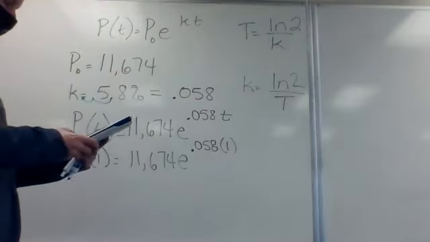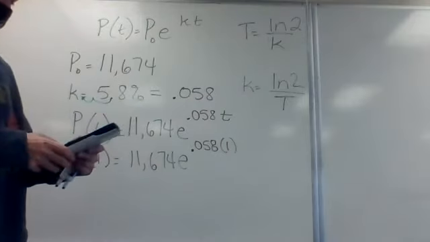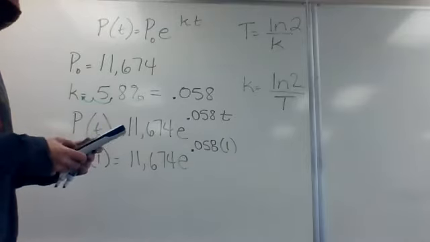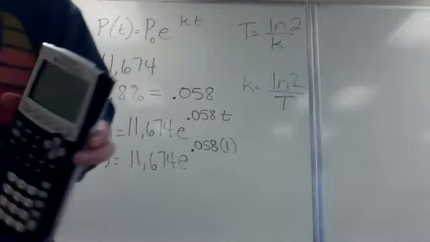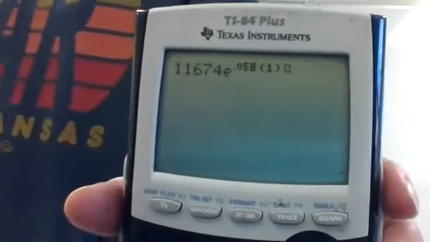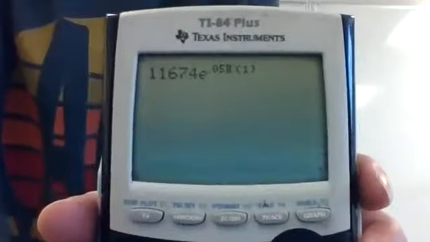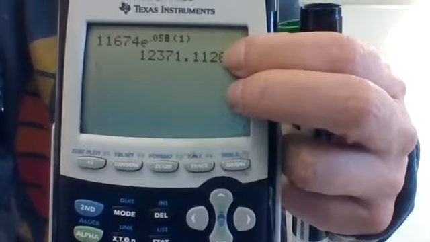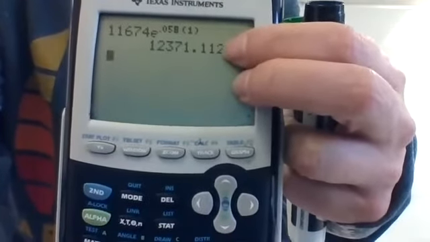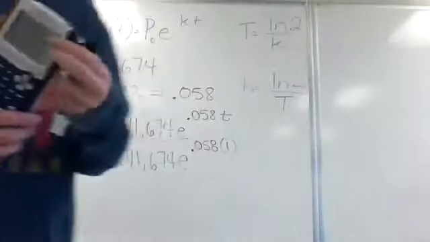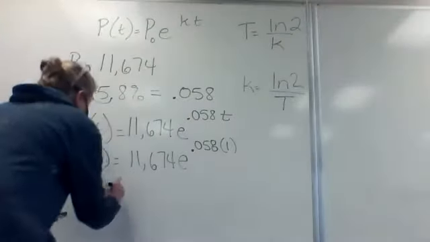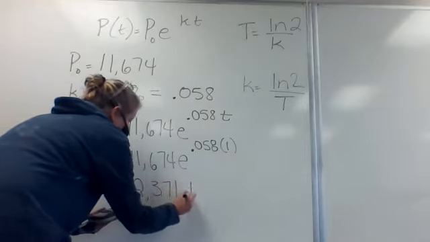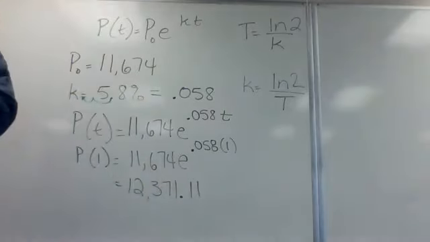So 11,674 e, and your exponent 0.058, open parentheses 1, close. Then hit enter. Let's see, 2 decimal places. After the 11 is a 2, which means I don't need to round up the 11 cents. So I would have $12,371.11 after 1 year.